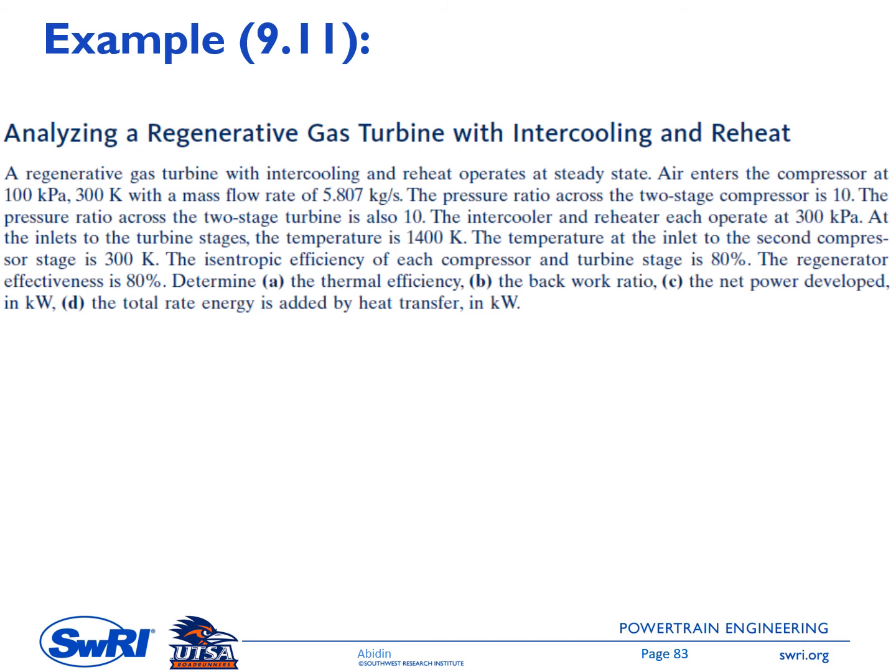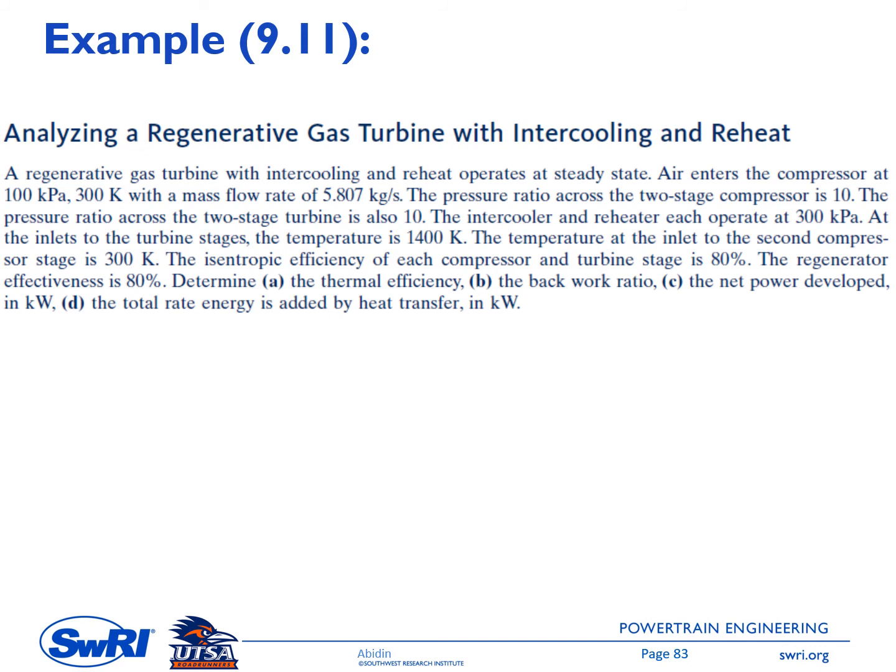The intercooler and reheat each operate at 300 kilopascal or 3 bar. At the inlet to each turbine stage, the temperature is 1400 Kelvin. The temperature at the inlet to the second compressor stage is 300 Kelvin, so it means it is cooled back to T1. The isentropic efficiency of each compressor and turbine stage is 80%.